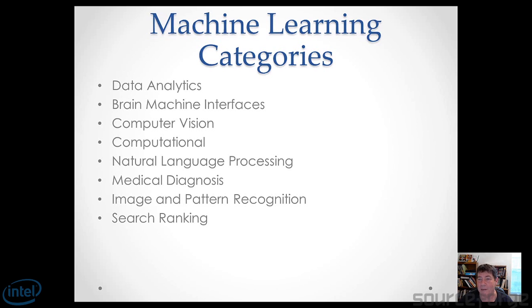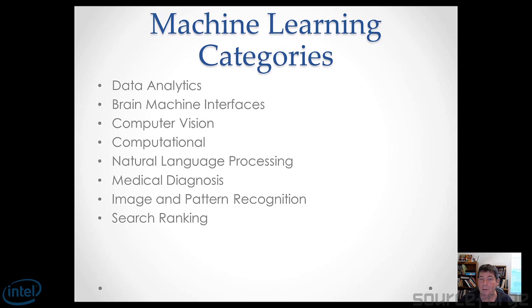Computer vision is obviously a very big one. This allows, say, for instance, robots to move through a room, to walk around different things and avoid obstacles. Computational is pretty straightforward. That's things such as Fourier transforms, and I've talked about that in the past. Natural language processing is pretty important. That takes text and derives some sort of meaning from the text.